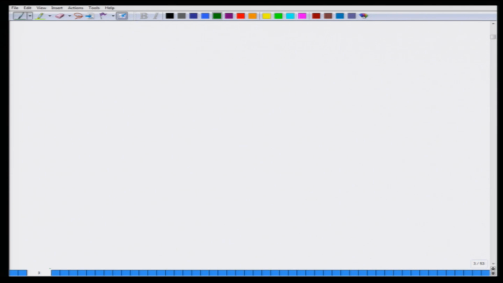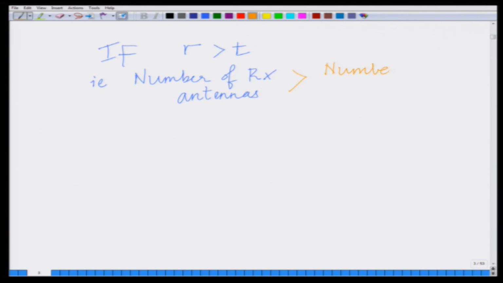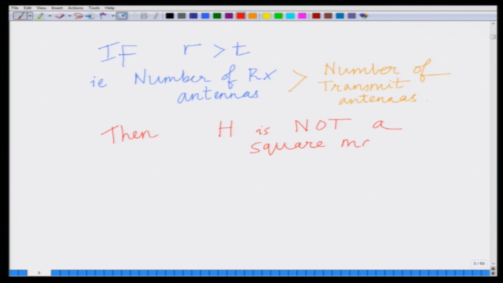So, while we can use this if r equal to t and H is invertible, if r is strictly greater than t, that is the number of receive antennas is strictly greater than the number of transmit antennas, then H is not a square matrix, which basically implies that the inverse of H does not exist.